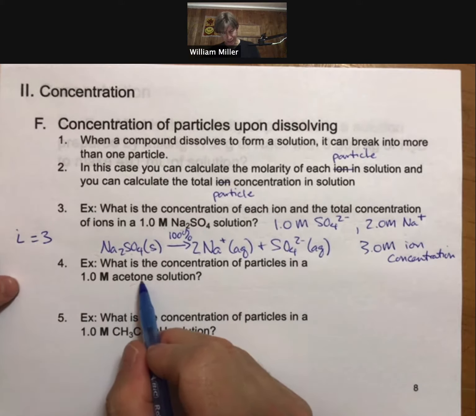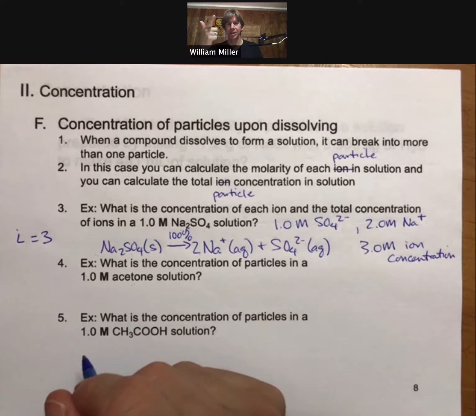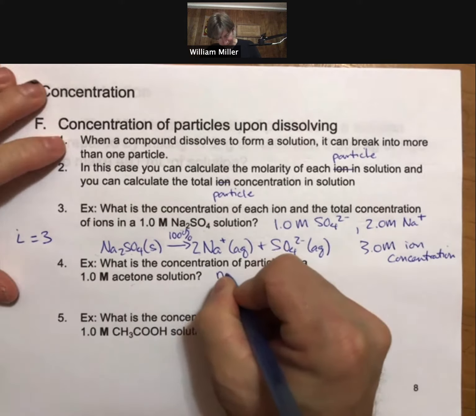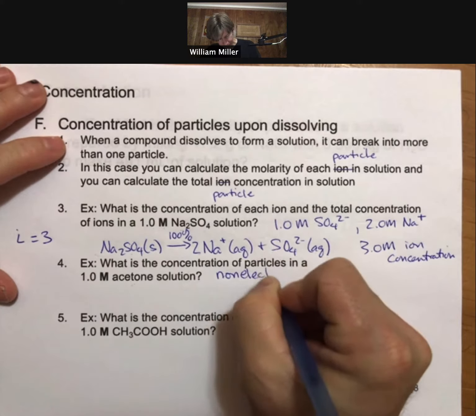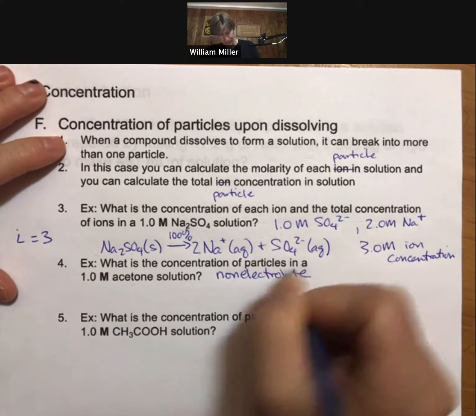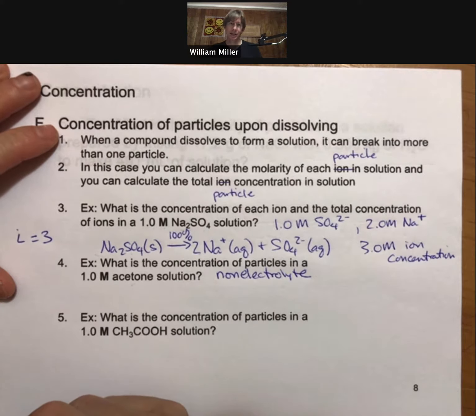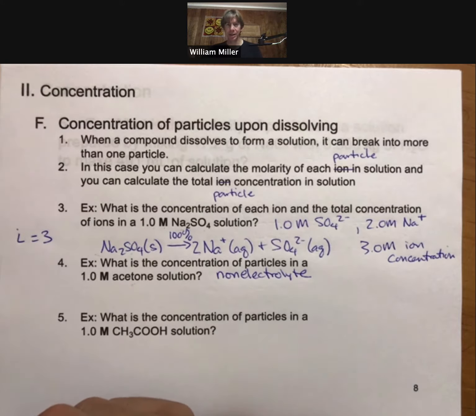Now let's talk about acetone. Acetone is a carbon, hydrogen, oxygen molecule, and as such, it is a non-electrolyte, meaning that it does dissolve in water, it does become aqueous, but it does not break up into any ions.